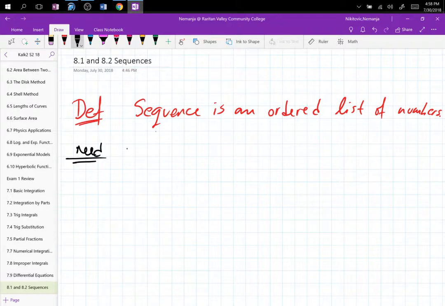What you need as a prerequisite is limits at infinity and L'Hopital's rule.